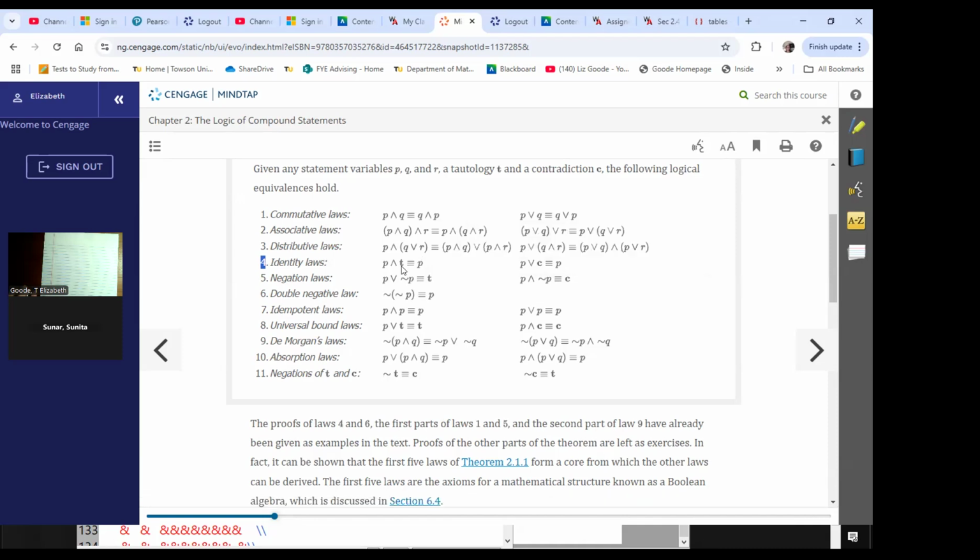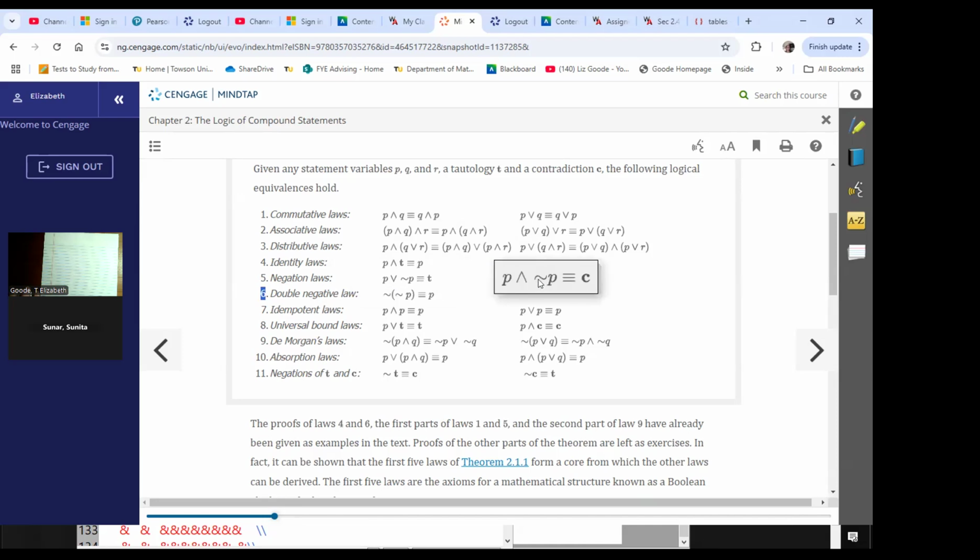And then we have the identity laws that say if you take P and you and it with a tautology, that's the same thing as P. Or if you take P and you or it with a contradiction, that's still P. You can check that with truth tables. The negation laws say P or not P is always true, so that's a tautology.